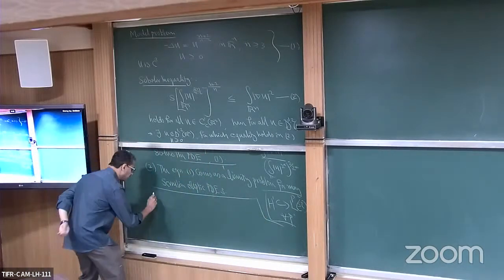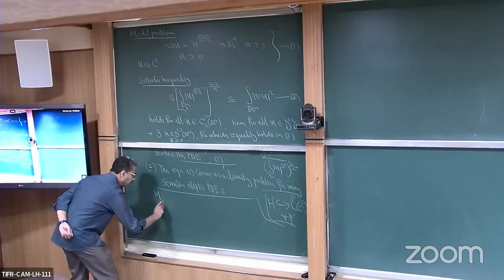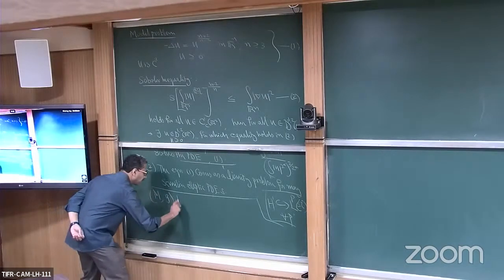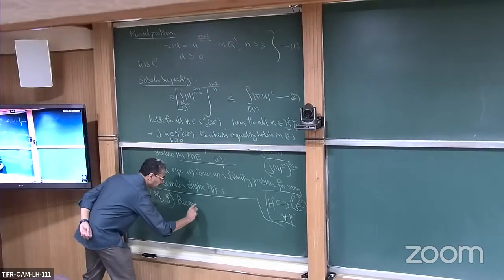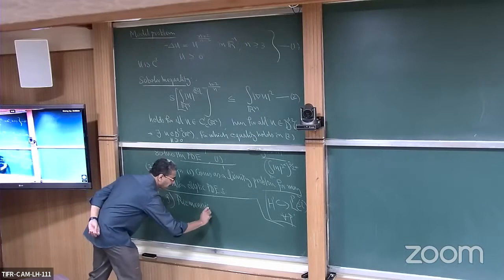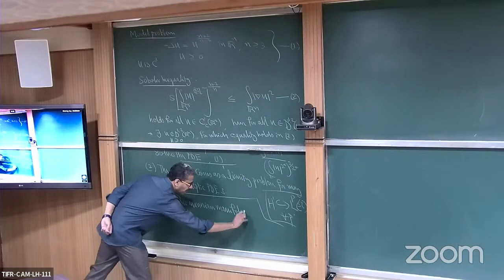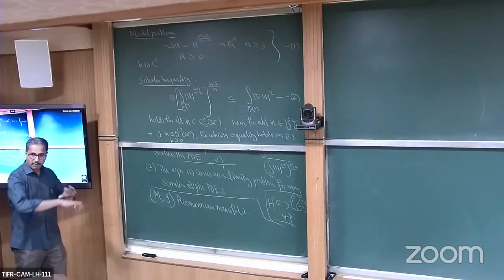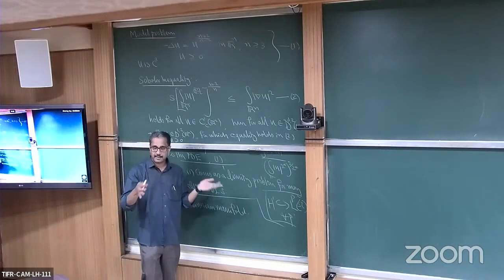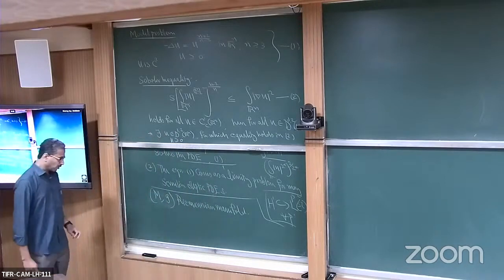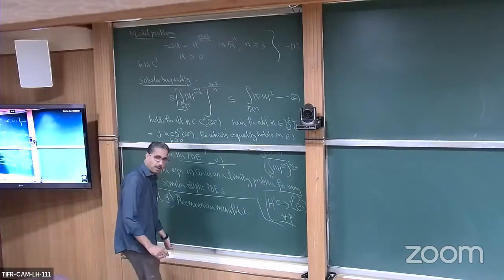I assume that you know some geometric terminology. So let me take M the Riemannian manifold. That means you have a manifold and there's a metric on it. Now there is what is known as the conformal metric.